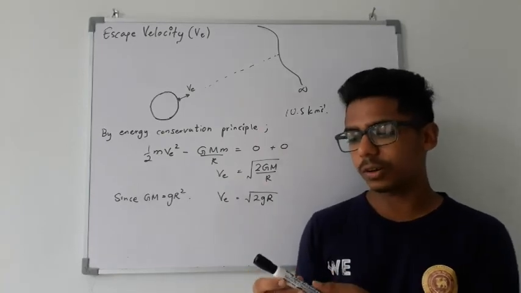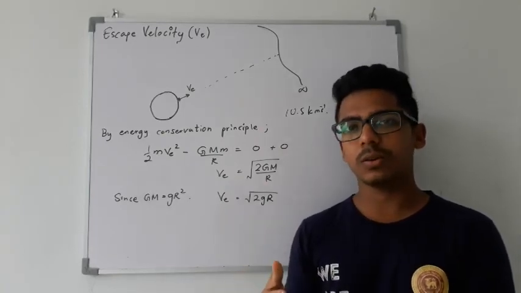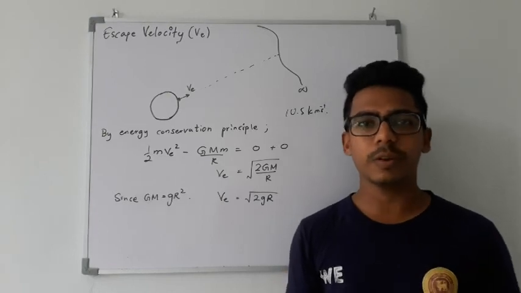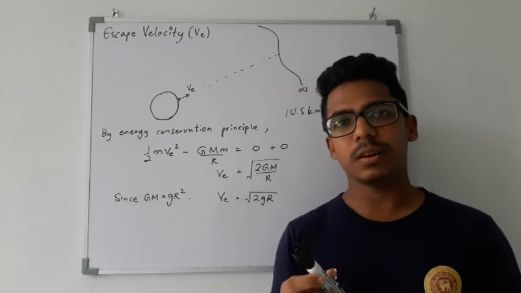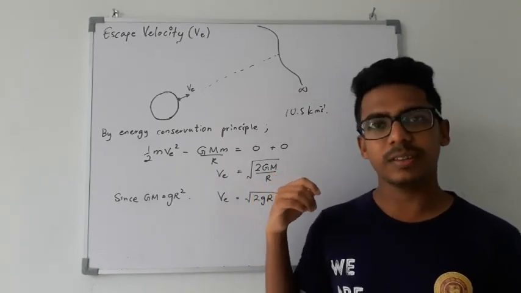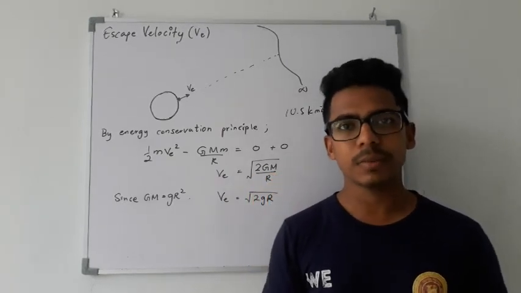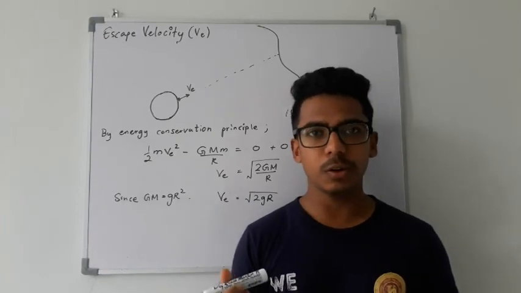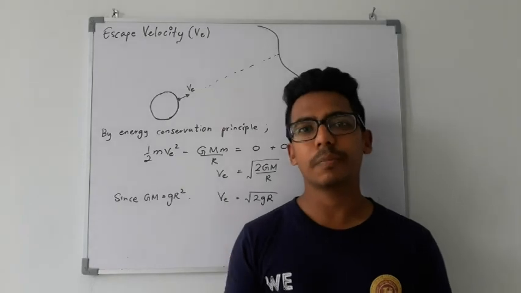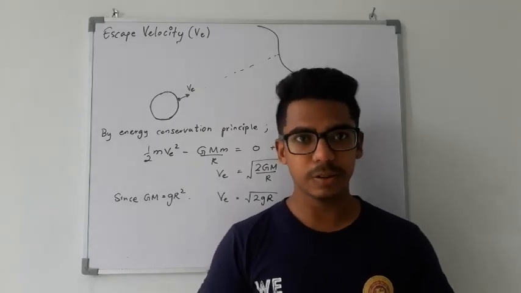So whether you take 5 kilograms or 10,000 kilograms, still the escape velocity is the same. And if you throw this with that speed, we know it won't come back. So if I throw this with a speed of like 15 kilometers per second, still this won't come back. So that is about escape velocity.